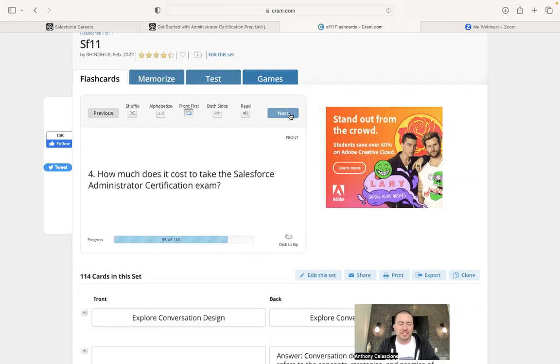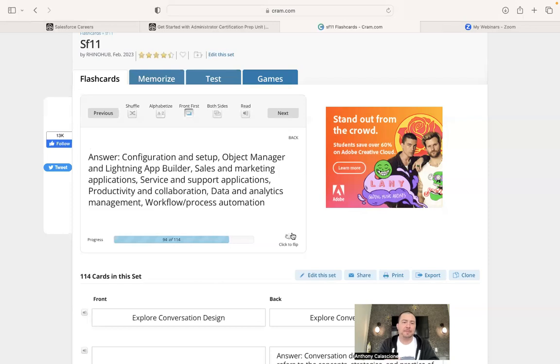How much does it cost to take the Salesforce Administrator Certification exam? $200. What topics are tested on the Salesforce Administrator Certification exam? Configuration and setup, Object Manager and Lightning App Builder, sales and marketing applications, service and support applications, productivity and collaboration, data and analytics management, workflow process automation.